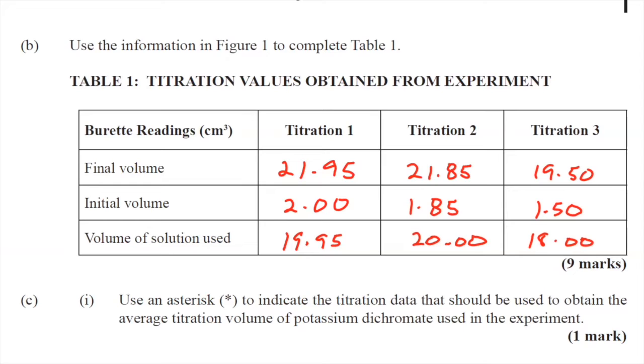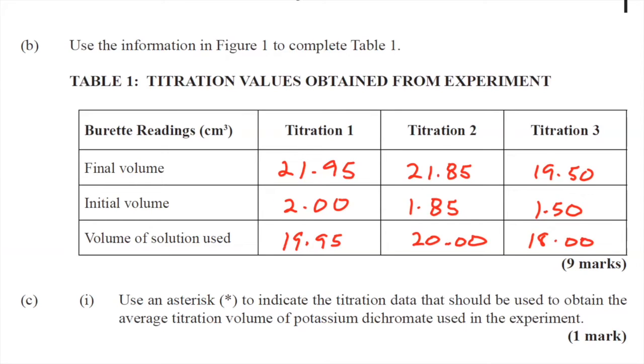Now, looking at these 3 values, the variance between 20 and 18, that's big. So we would not use 20 and 18, despite them being consecutive. All right, so when we compare 20 with 19.95, those are close. Those actually differ by less than 0.1, which is great.